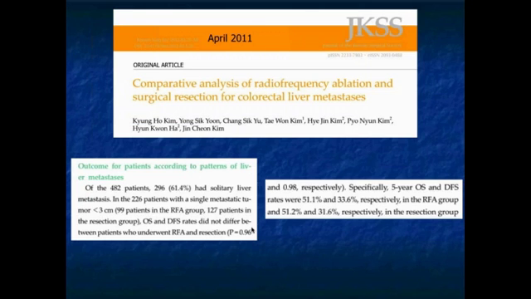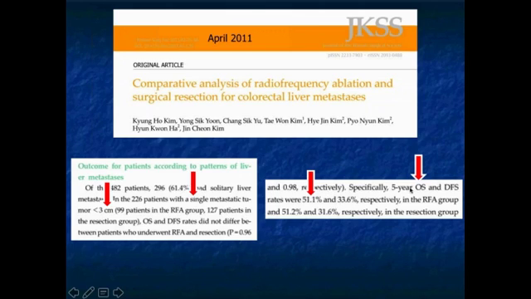Now, if we look a little at the clinical outcome, there is actually a very encouraging paper that came out of South Korea in April 2011. They had a huge material, and they showed that of 226 patients with a single metastatic tumor, if the tumor was less than 3 centimeters, the overall survival and the disease-free survival were no different between the operation group and the RFA group.